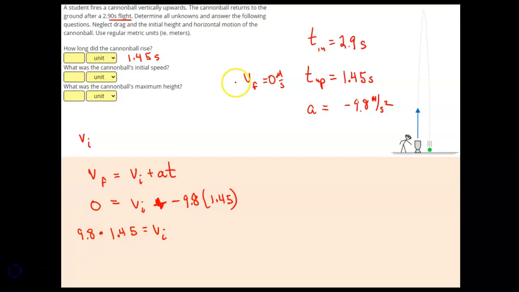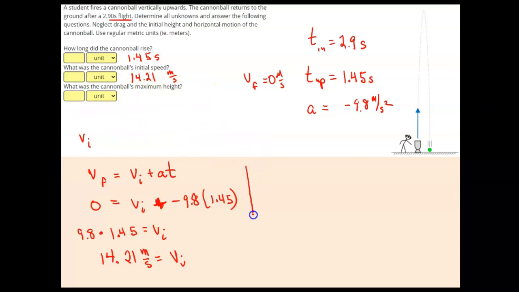Let's see what it is, which is 14.21 meters per second is our velocity initial. I just used a calculator to do that. Okay, so what was the cannonball's initial speed? 14.21 meters per second.